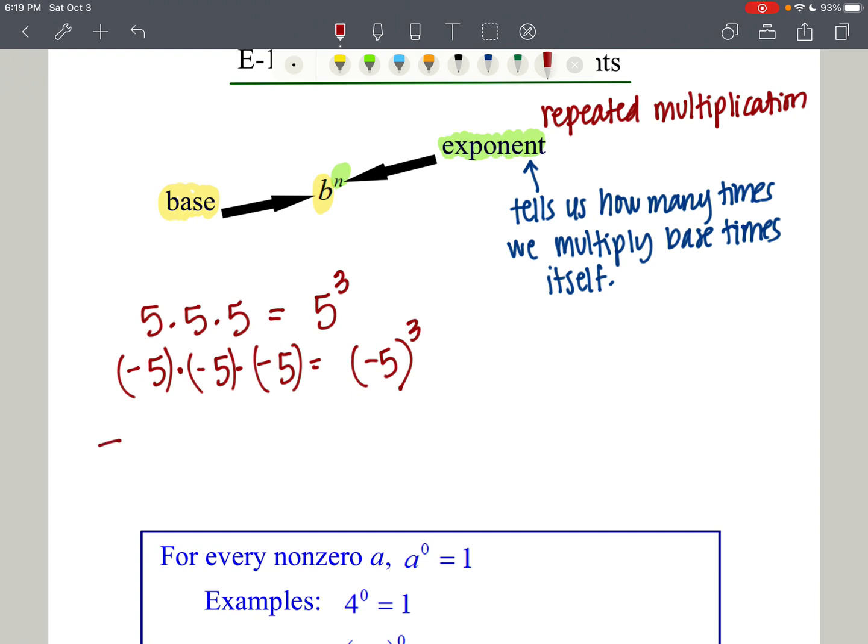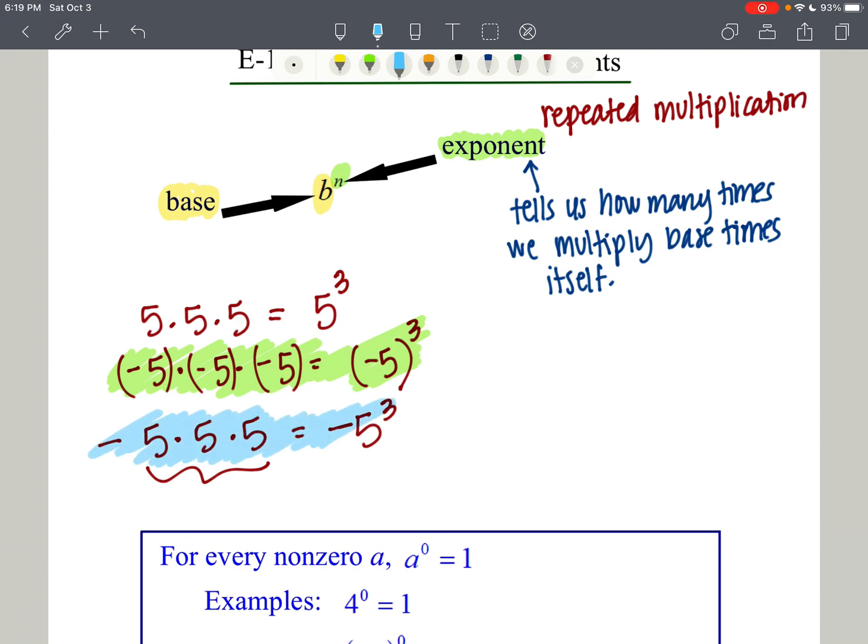If I have negative 5 times 5 times 5, the repeated multiplication here is the base of 5, just the base of 5 times itself with a negative out front. So hopefully you can see the difference, most especially between a base of negative 5 versus a base of positive 5 whose result is going to end up being negative.